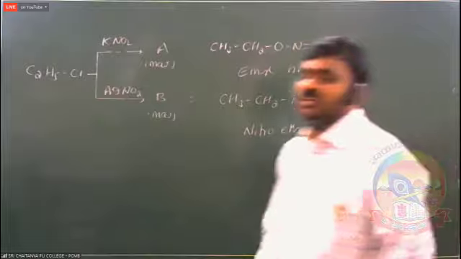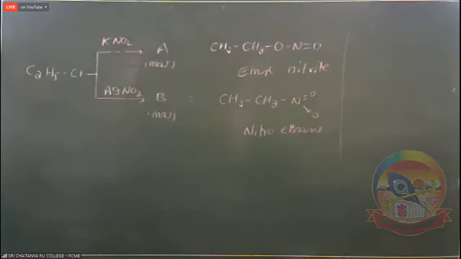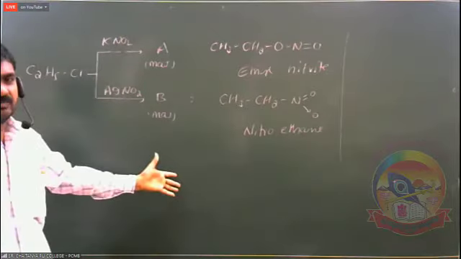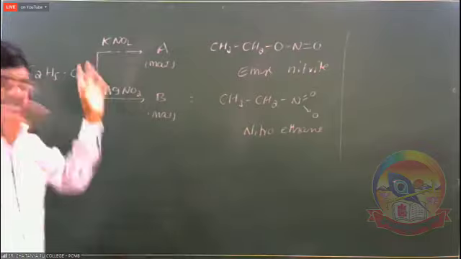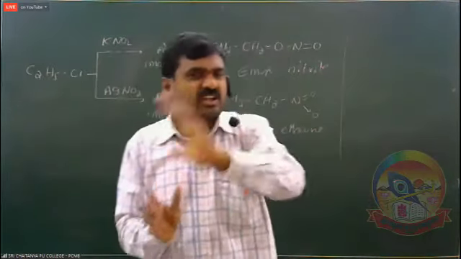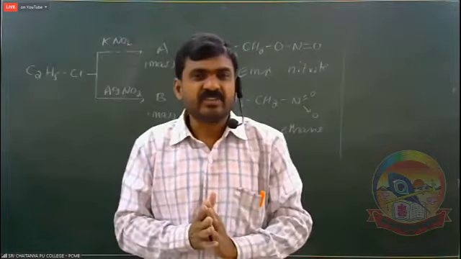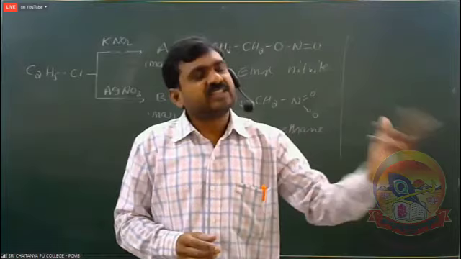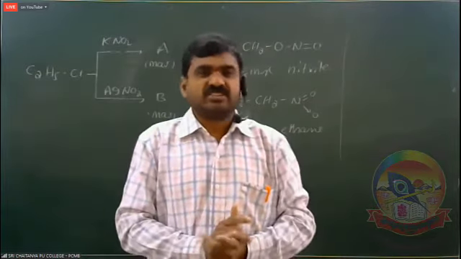Okay, so these are the important properties of alkyl halides. We should also practice the preparations and properties like a flow chart. Take ethyl chloride. The first one is treated with aqueous KOH, the second with alcoholic KOH. Write A and B. Next, ethyl chloride treated with dry silver oxide, then with moist silver oxide.